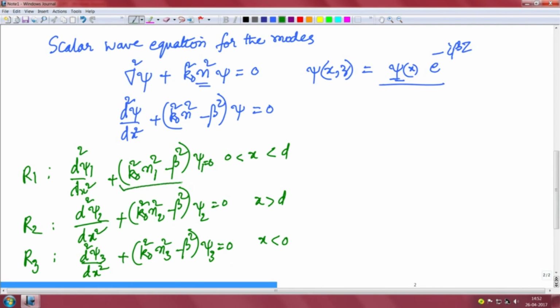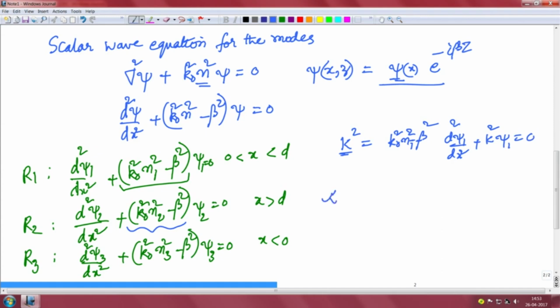So, we can define this as a constant k. n1, recall, is a constant, we are talking about the step refractive index waveguide, and we can call it k square, with k square equal to k0 square n1 square minus beta square, and we can call this constant and remind that k is positive if beta is less than k0 n1, and so we can replace this equation with d square psi 1 by dx square plus k square psi 1 equal to 0 as the differential equation in region 1.